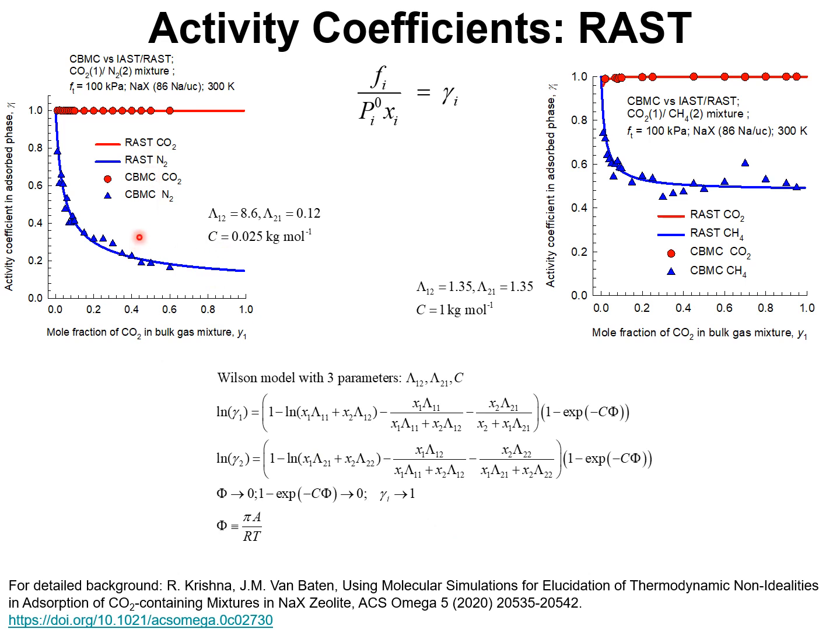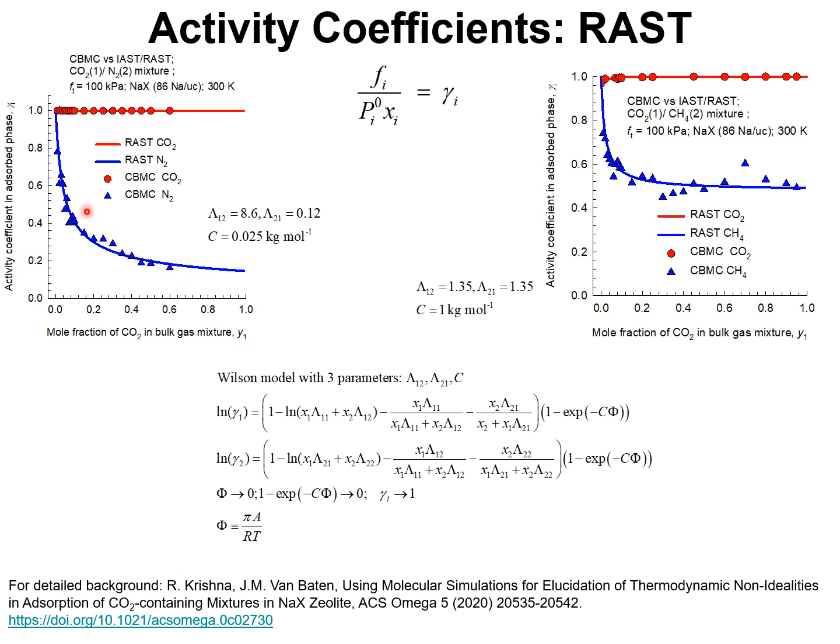Let's first examine the CBMC simulation data for carbon dioxide nitrogen mixture at a total bulk fugacity of 100 kilopascals and with varying CO2 mole fractions in the bulk gas mixture.